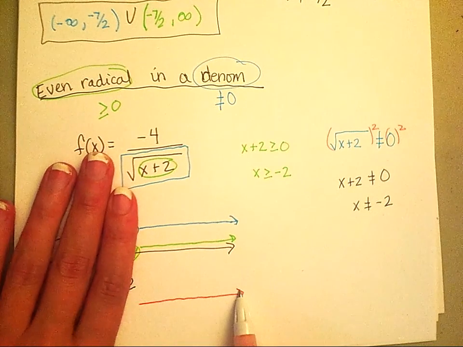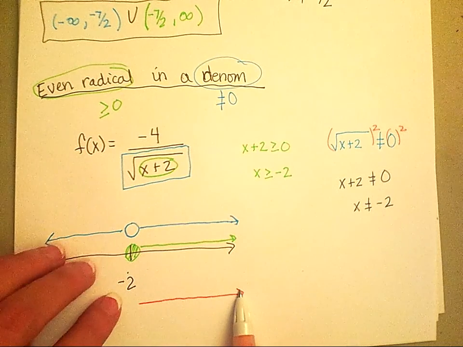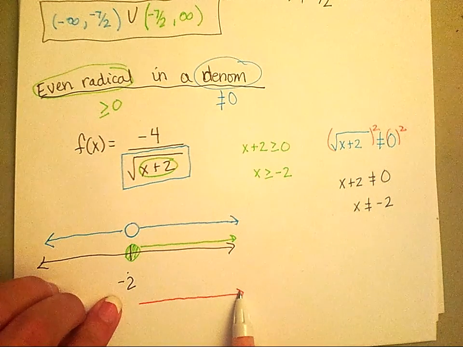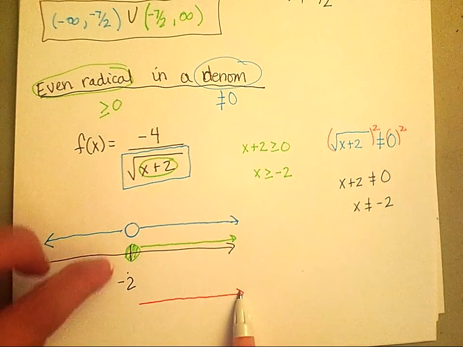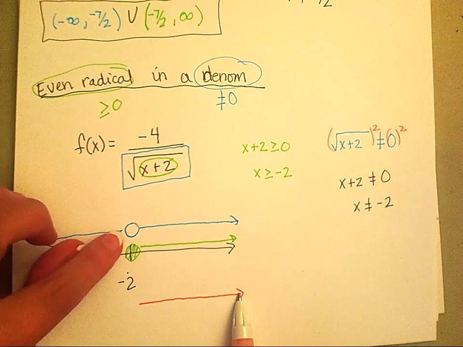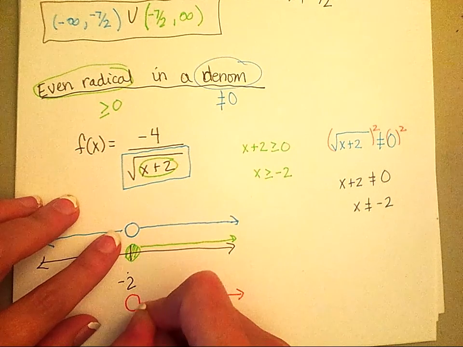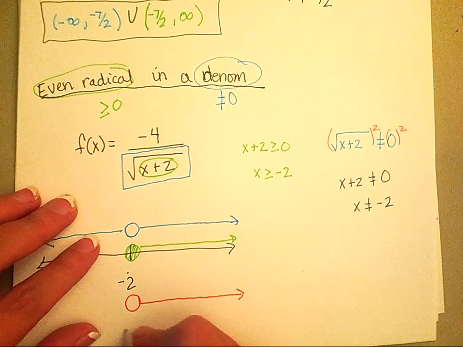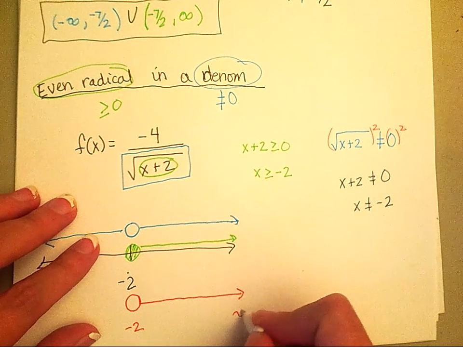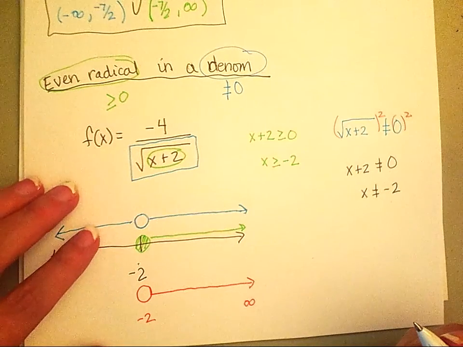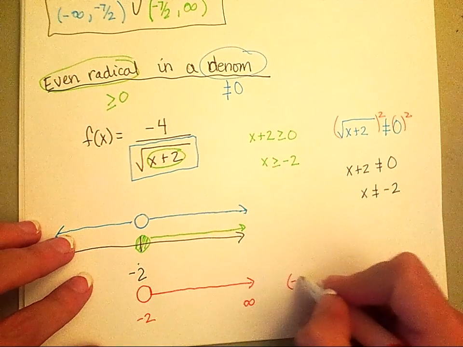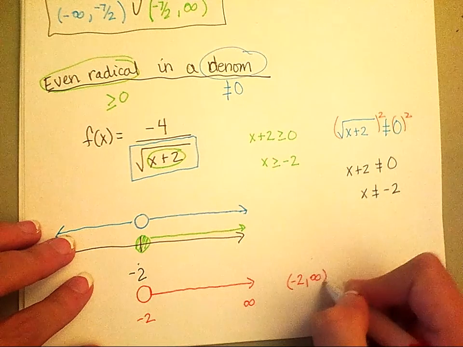So our answer will be true on those values. The question was what happens at negative 2. At negative 2, the green has a value, but not the blue. So our answer has to be where they both agree, and they do not both agree at negative 2. So our answer can only go from negative 2, not including, up to infinity.